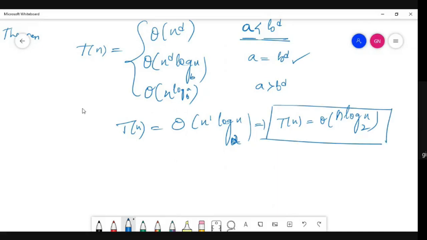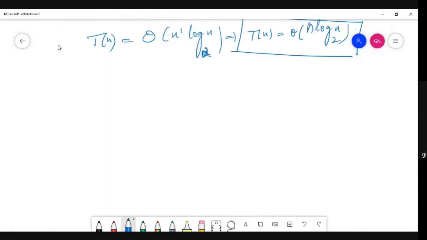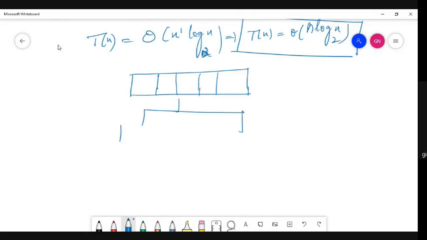Okay, guys, the same thing applies for your merge sort. Let me take your merge sort first. What happens in merge sort? Here you divide the array in such a way that further division is not possible. You keep on dividing.